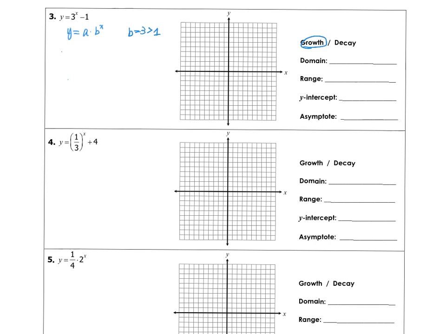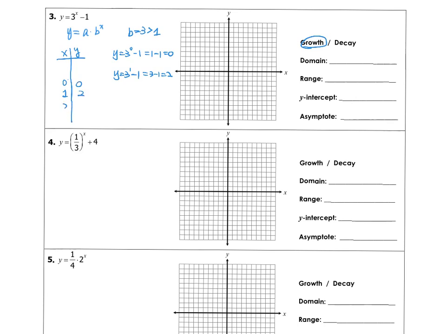Now, let's do the table. We start from 0. If I plug in 0, so I have 3 raised to the 0 minus 1, which is 1 minus 1. I have 0. If I put in 1, that's 3 raised to the 1 minus 1, which is 3 minus 1. I have 2. So the final answer here is 2.